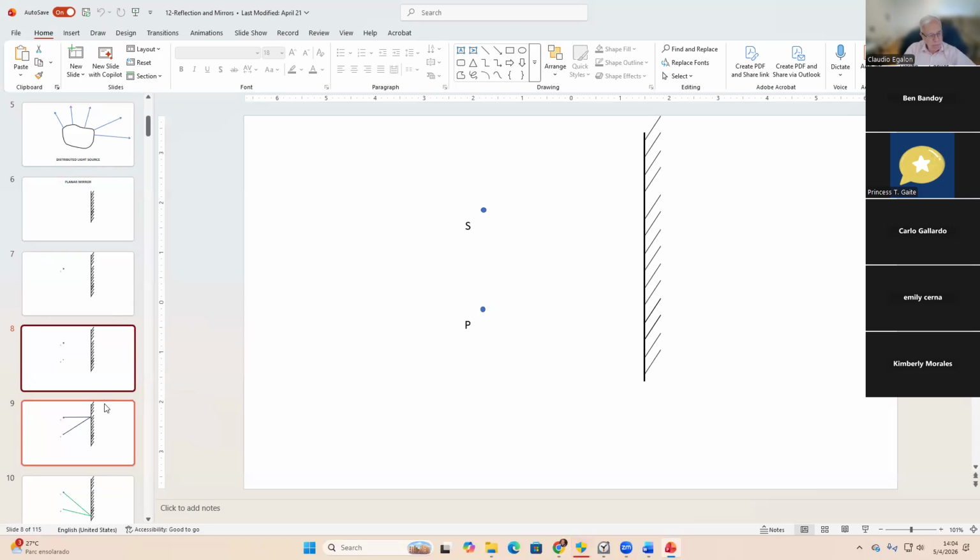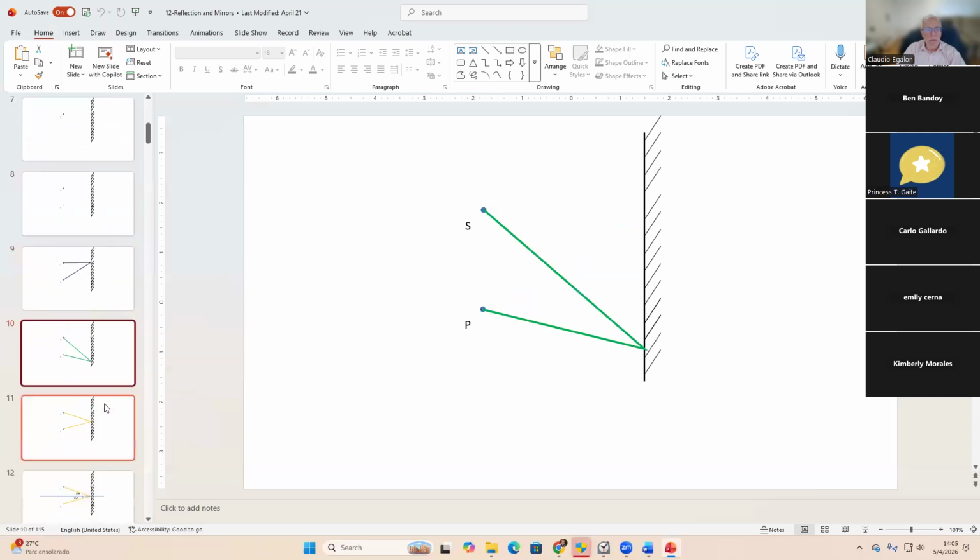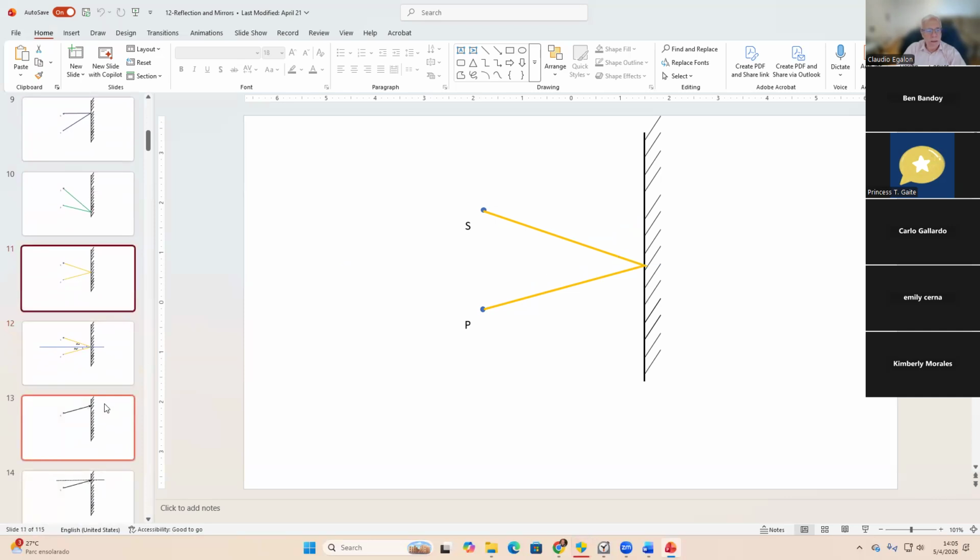Okay, strictly speaking, if it were not for the principle of least time, we could theorize that the path of the light ray could have been any path. Could have been this one here, this one here, this one here, and so on.